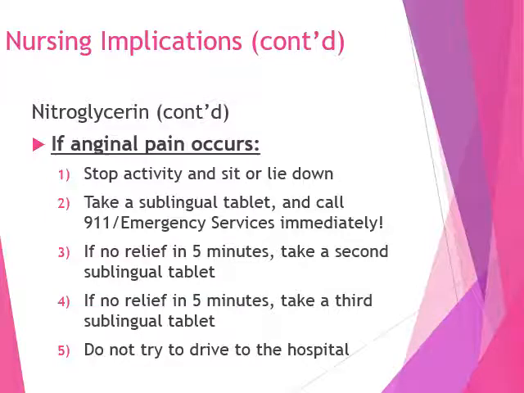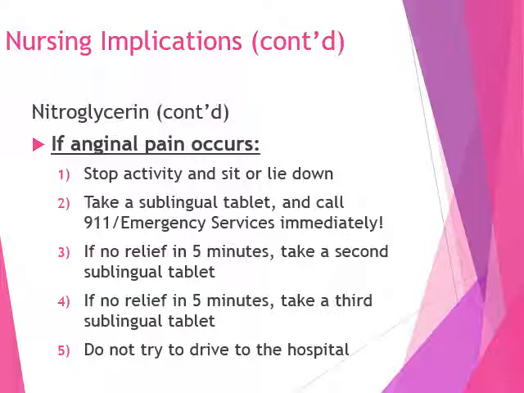All right, and this is what I spoke to a few minutes ago. So if anginal pain occurs, with nitro, what are we going to do? We are going to stop the activity and sit or lie down. Grab your nitro first. Take a sublingual tablet and call 911 immediately. You will see differentiations of when to call 911.